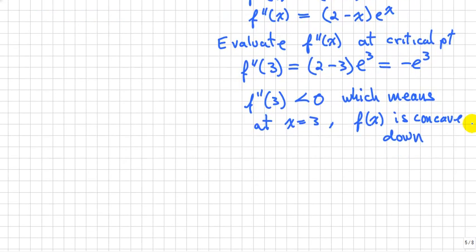Okay, so the second derivative tells us it's concave down, and this is where I'm going to draw my picture. Here's our critical point at x equals 3. It's concave down at that value, so it's going to look like this. It should be obvious. This is going to be a relative max.